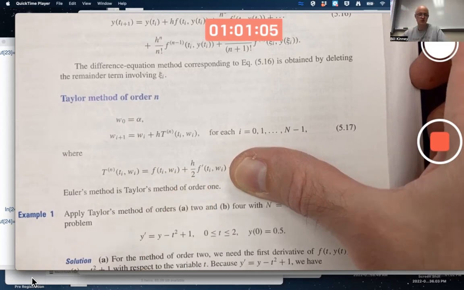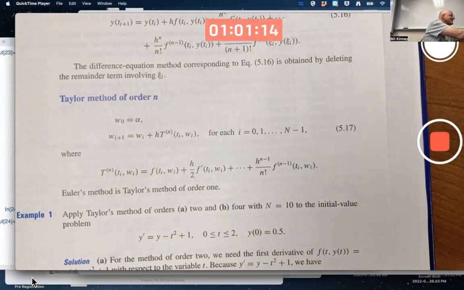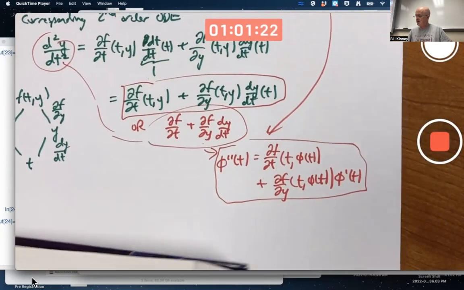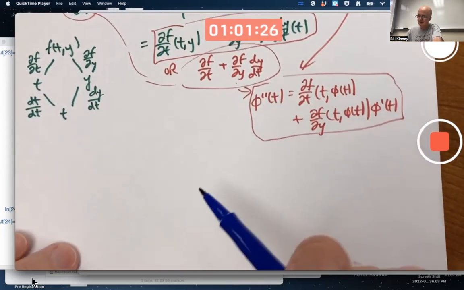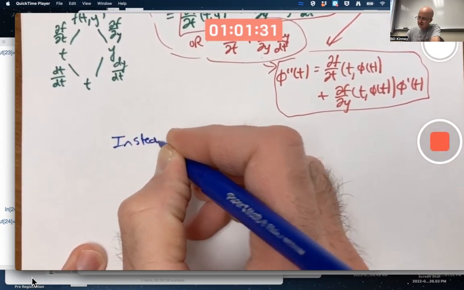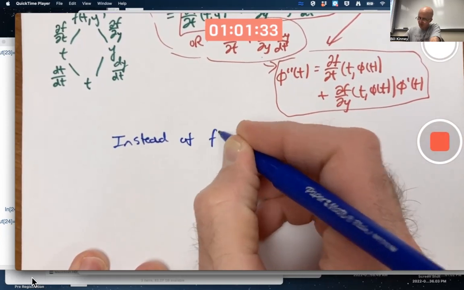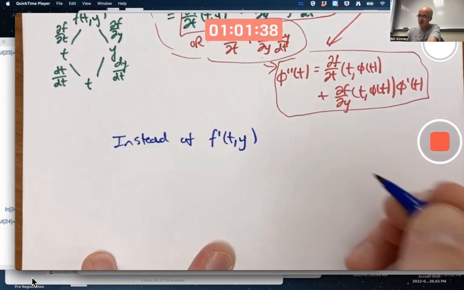It'd be better to use, I think, d/dt notation. I need more paper. I thought I had more paper. Oh, it's under here. It'd be better to use d/dt notation instead of f prime of t, y in general, or t, w.